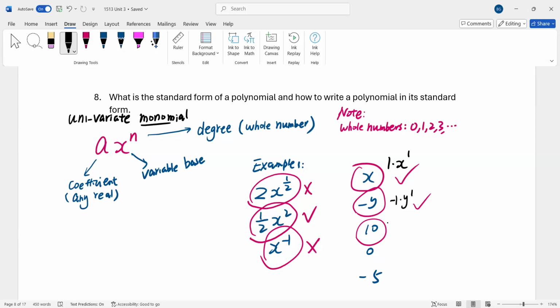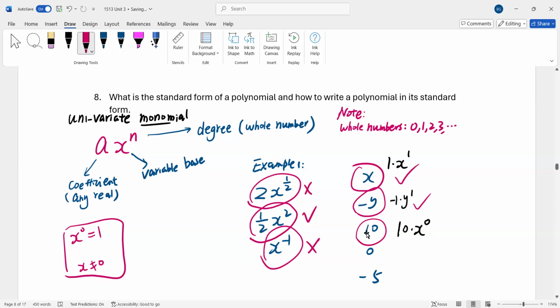Because we can write 10 as 10 times x to the power 0, right? Do you guys remember a formula you learned from Foundation 2? Any non-zero base to the power of 0 equals 1. So 10 equals 10 times 1, and we can write 1 as x to the power 0.